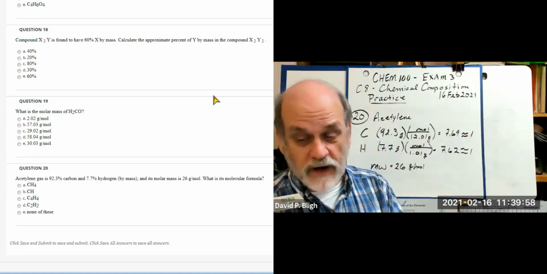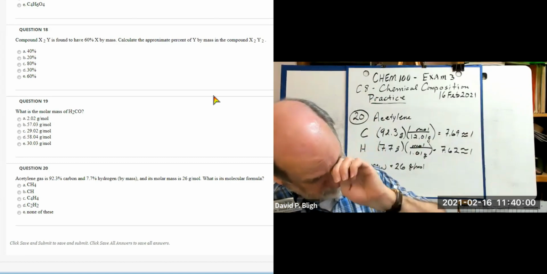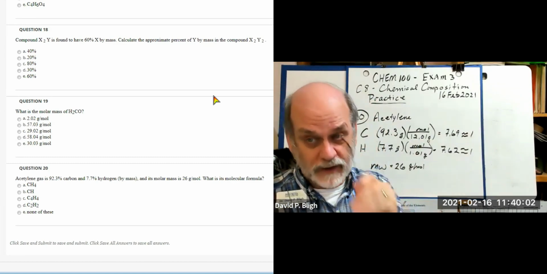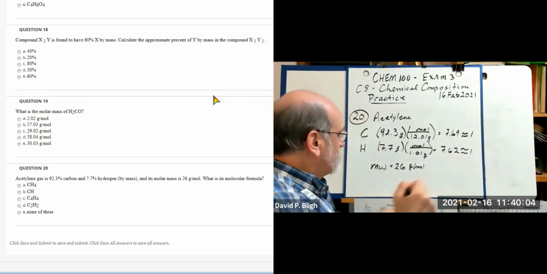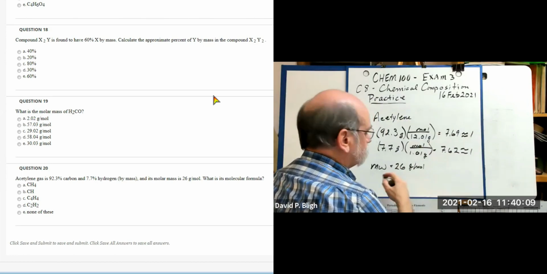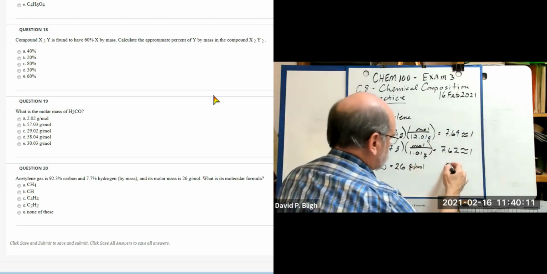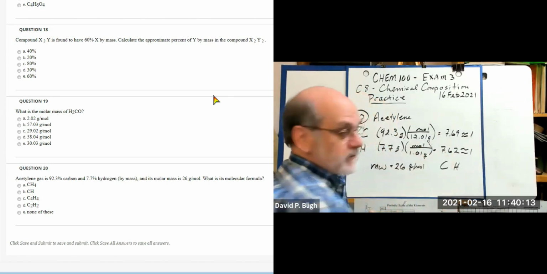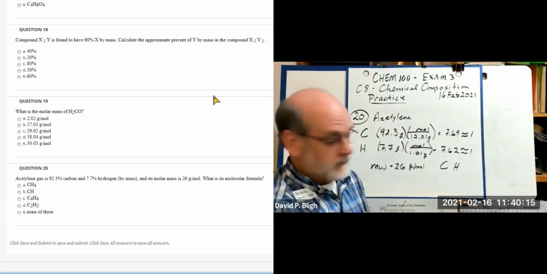So a 1-to-1 ratio written out in a formula would be CH, just one of each.